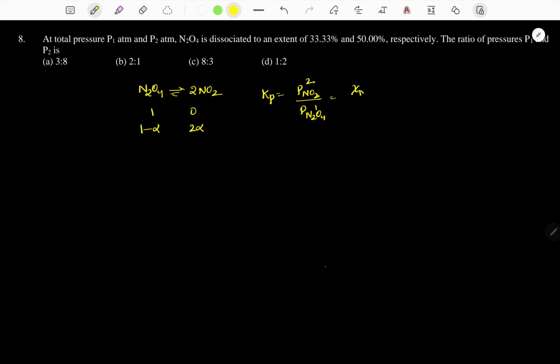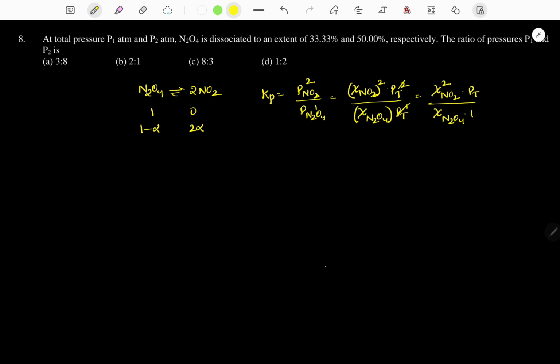Pressure of NO2 is mole fraction of NO2 into total pressure, to the power 2, upon mole fraction of N2O4 into total pressure to the power 1. So total pressure cancels here. Finally, mole fraction of NO2 to the power 2 into total pressure upon mole fraction of N2O4 to the power 1.